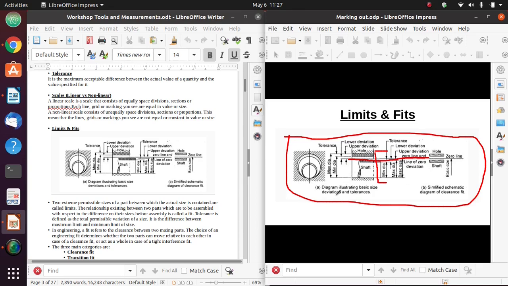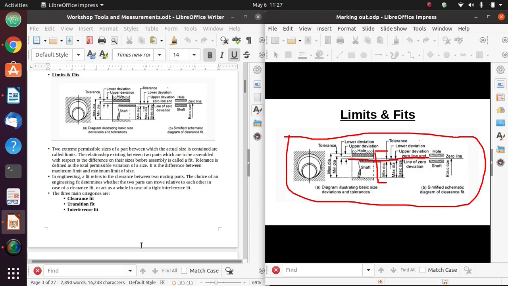For an interference fit, the diameter of the shaft is larger than the diameter of the hole. So I will have to apply some force, some lubrication, or hit the shaft or the hole to increase or decrease the diameter so that the two parts can mate together. For the interference fit, the fit is tight, so it doesn't allow any movement. But for the clearance fit, since one of the parts is smaller than the other, they are able to move relative to each other.